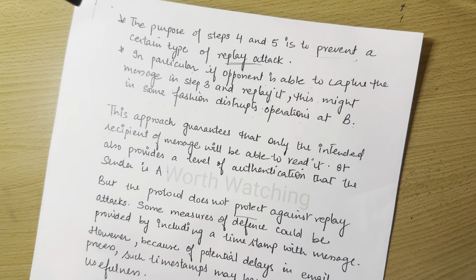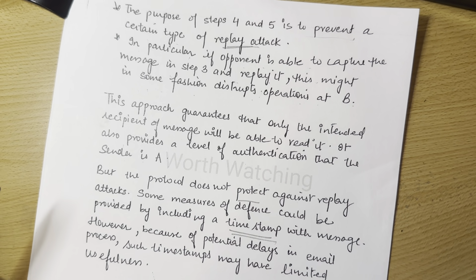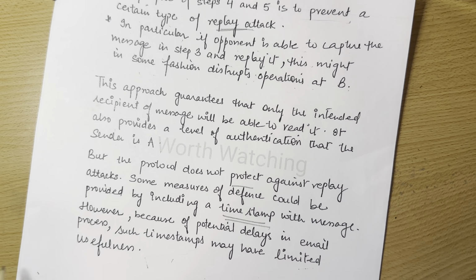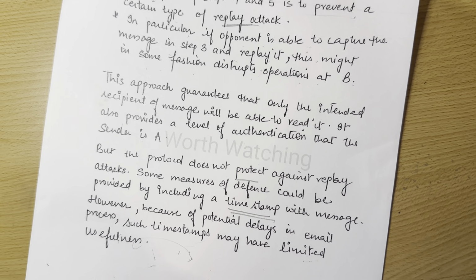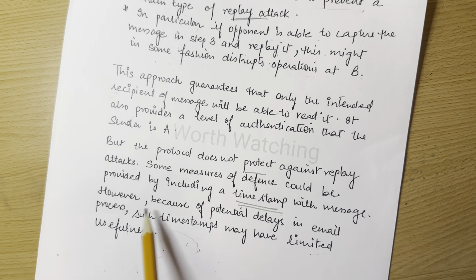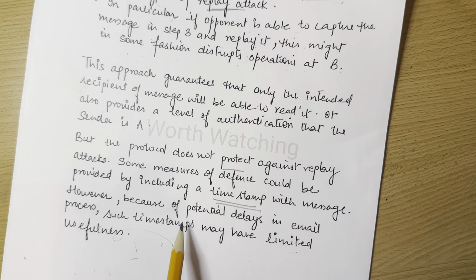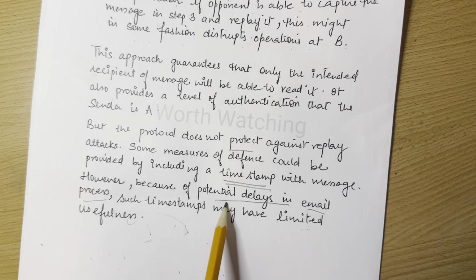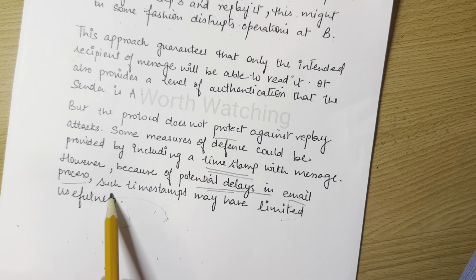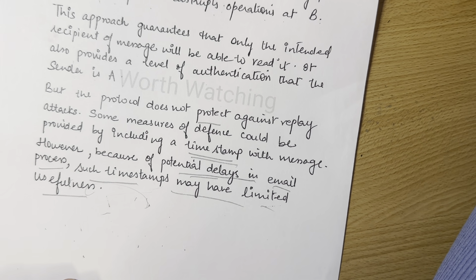In order to avoid that problem, we can use a timestamp, where we put a timestamp on every message, like when it is generated, and after some time the message expires. But in a distributed environment, timestamps are not a very good option, and also in emails there are very large delays, so there is limited usefulness to this approach.